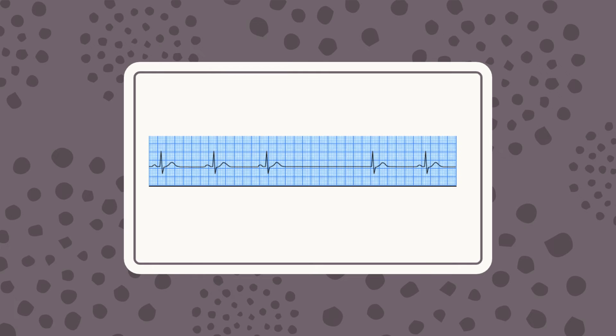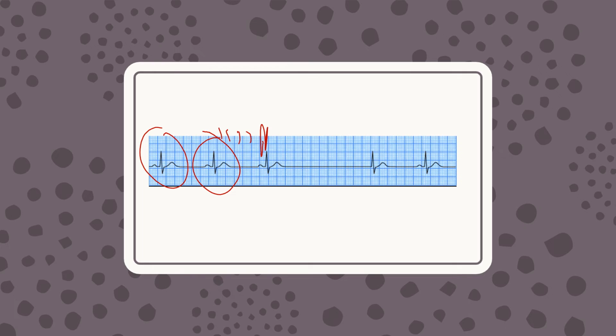So let's take a look at this rhythm. Let's figure out what the rate is here. If I'm going to count lines here: 300, 150, 100, 75, 60, 50. So between 40 and 50 is the rate right here. So you've got a sinus brady coming along here.